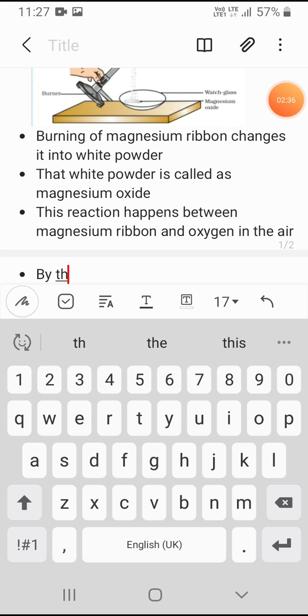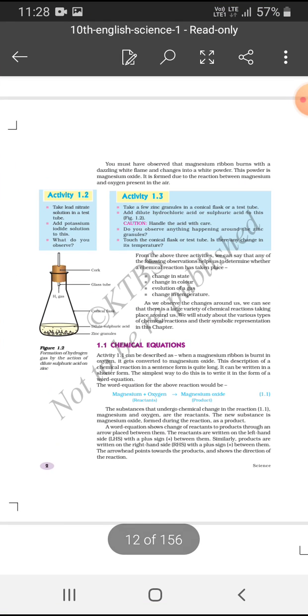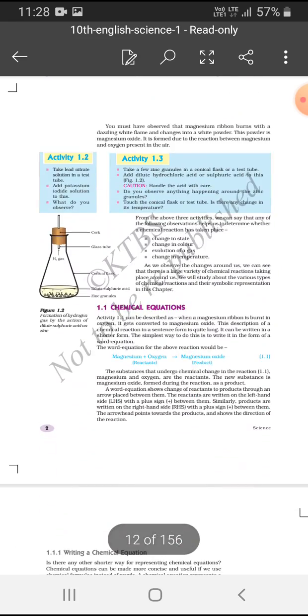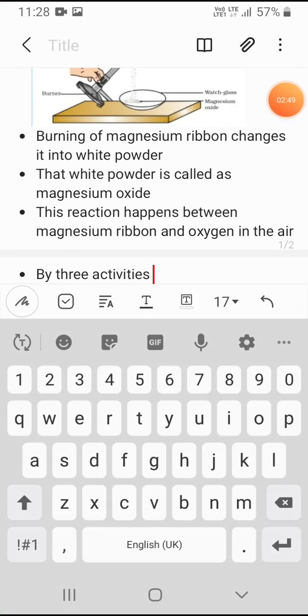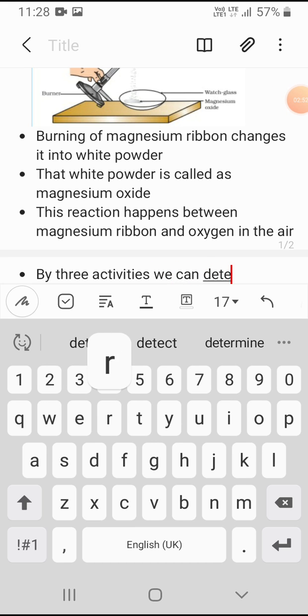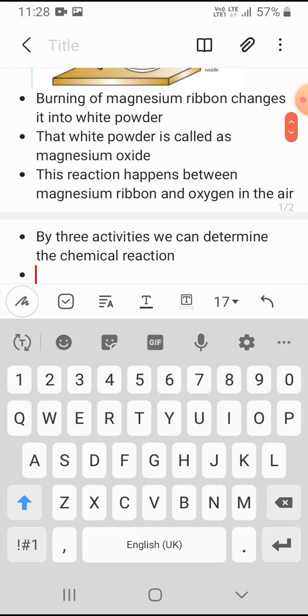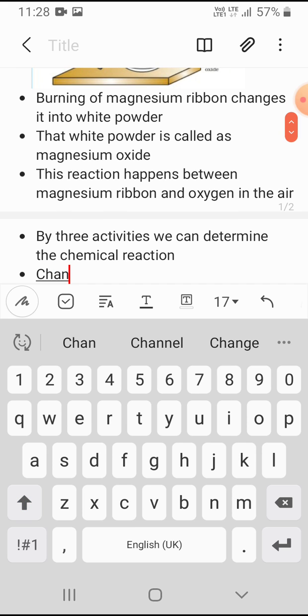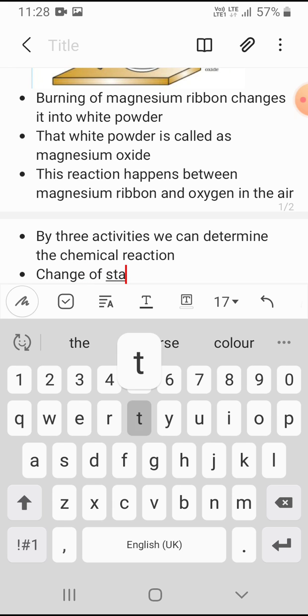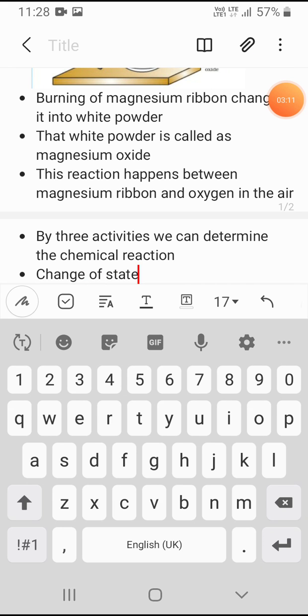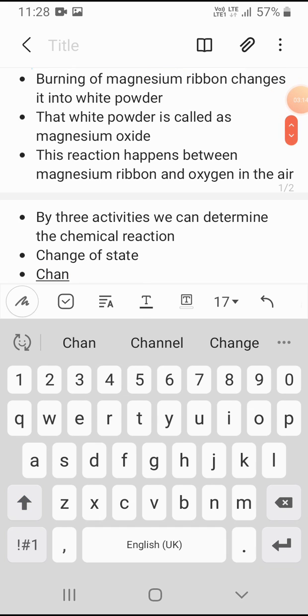The three activities are given in your textbook. By these three activities we can determine a chemical reaction: by a change in color, a change in state, evolution of gases, or a change in temperature.